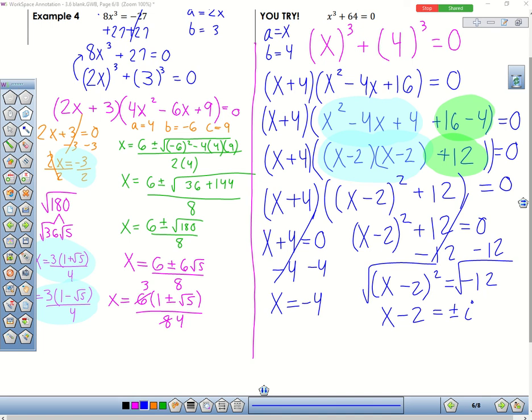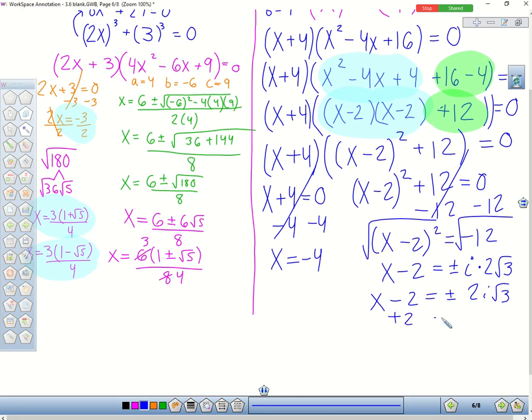What does the square root of 12 simplify to? 2 radical 3. So this becomes x minus 2 equals plus or minus 2i radical 3.